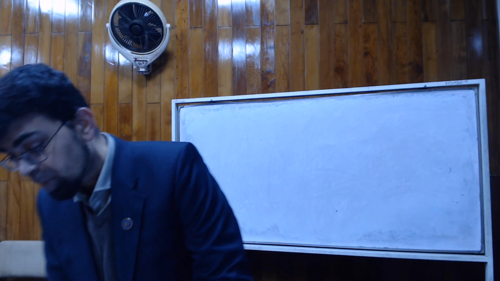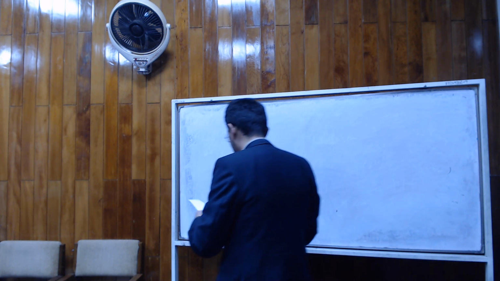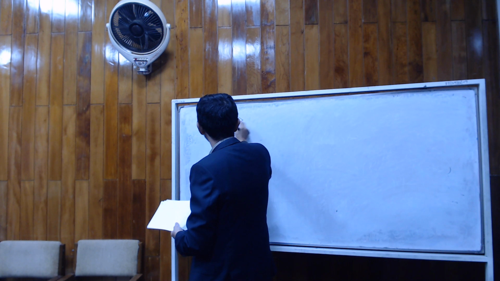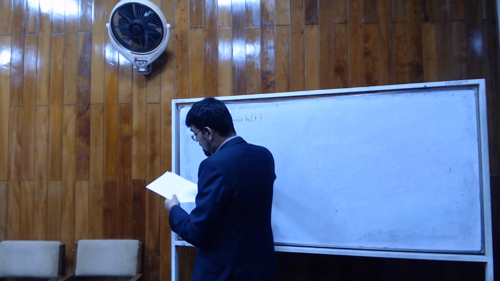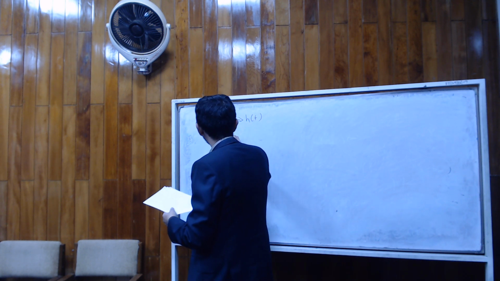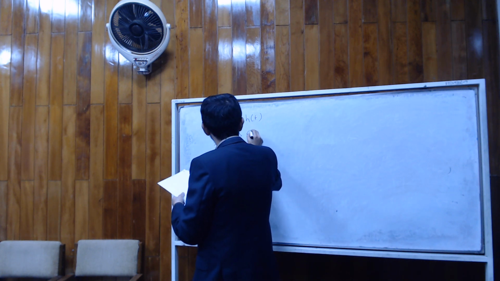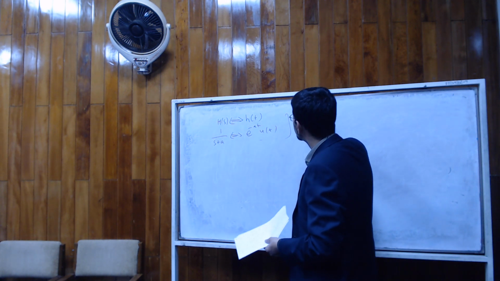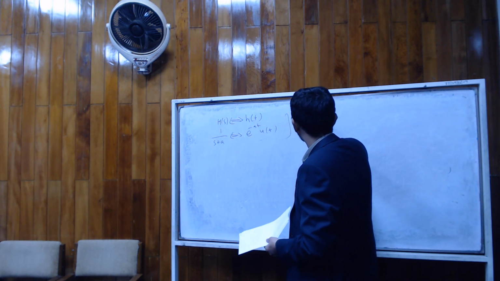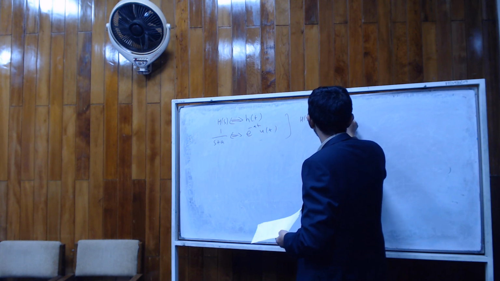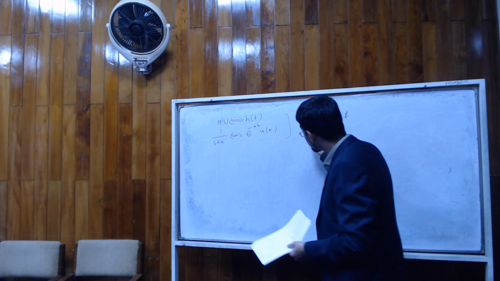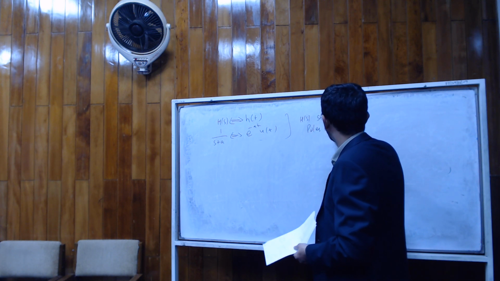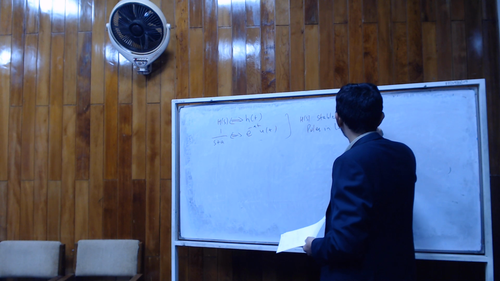So in the frequency domain we say, in continuous time H(s) corresponds to h(t), and since we know that 1 over s plus a corresponds to e to the minus a t u(t), we say from H(s) the system is stable if the poles are in the left half plane.